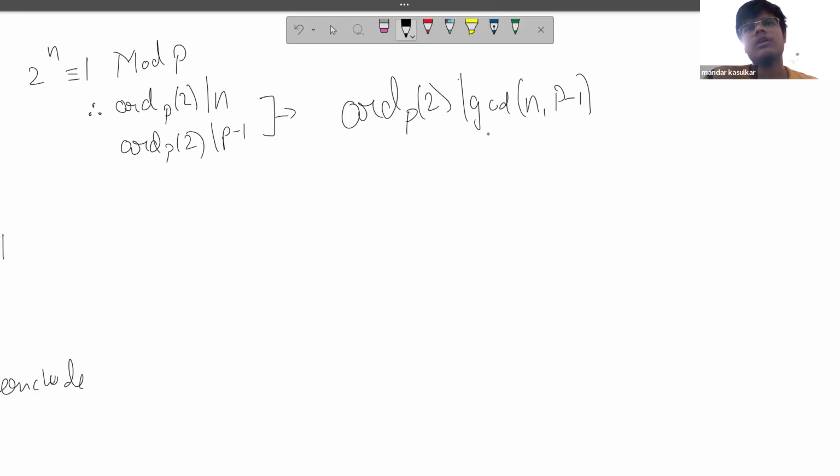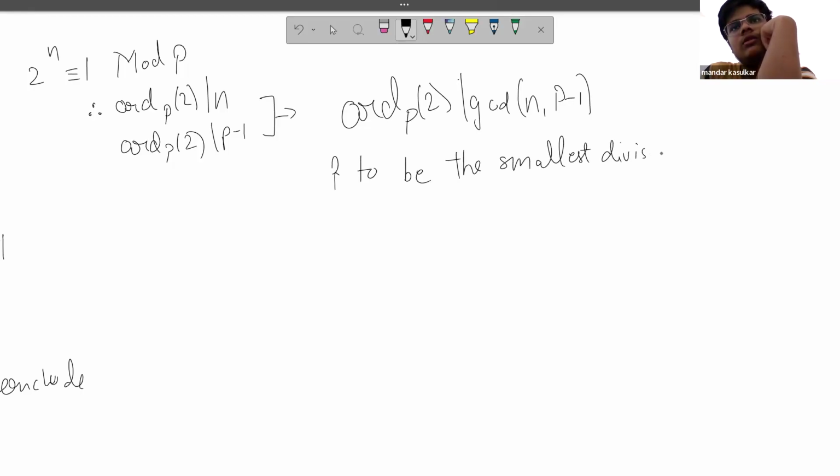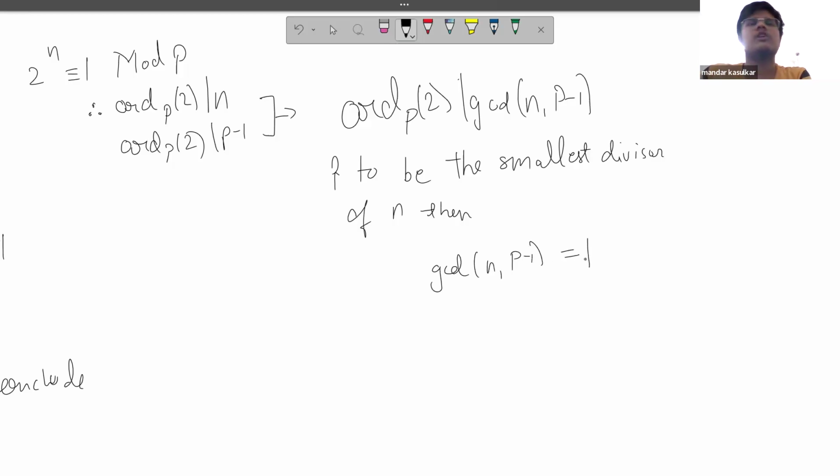So now we observe that if I take p to be the smallest prime divisor of n, then the GCD of n and p minus 1 is just 1.